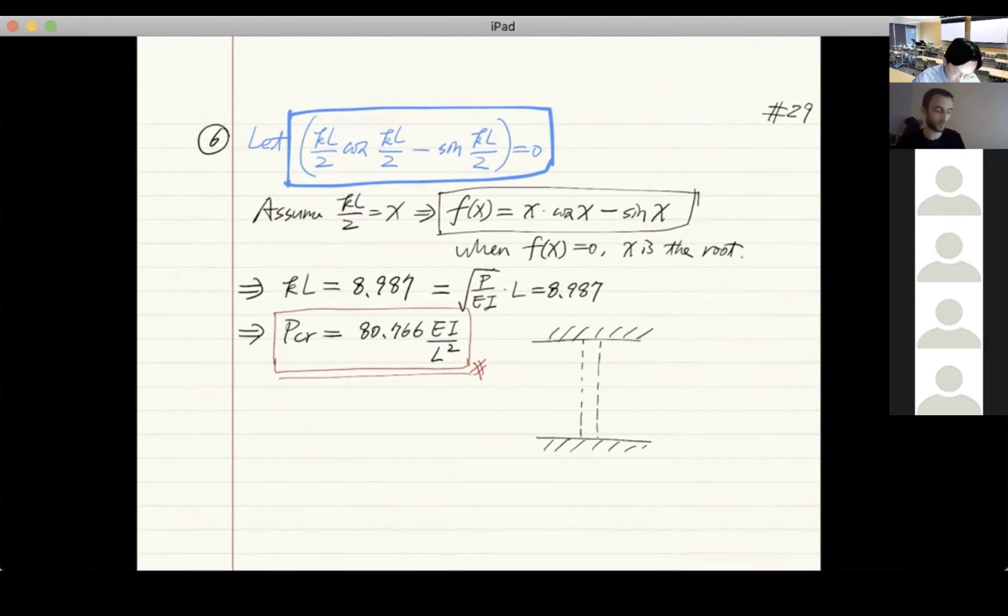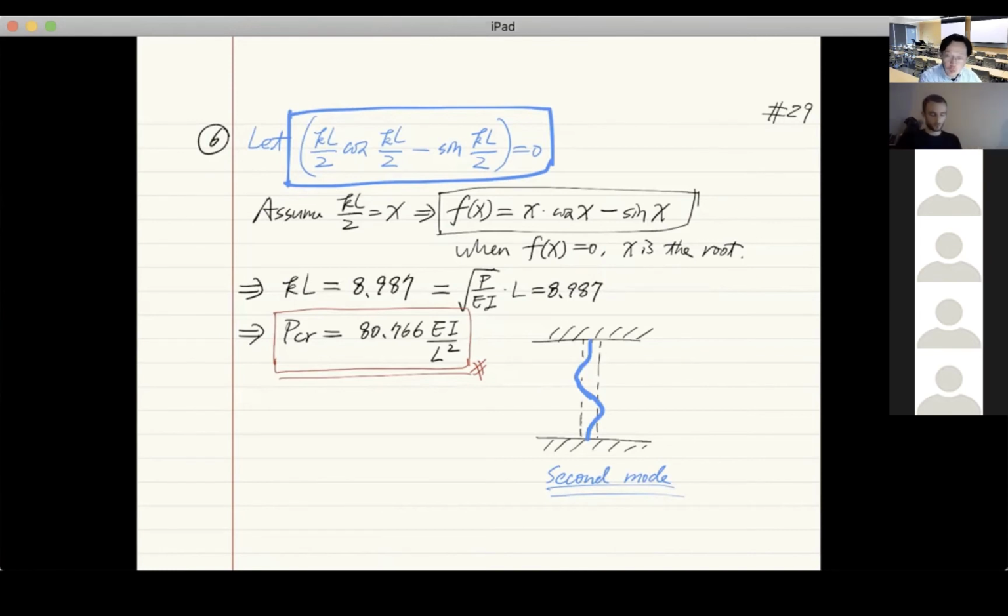The second mode is a little bit challenging. Like this. Now this is the second mode. They are both the right answers, depending on which modes you're looking at.